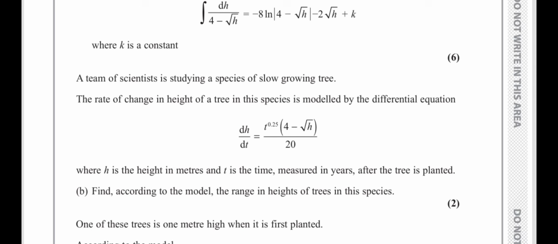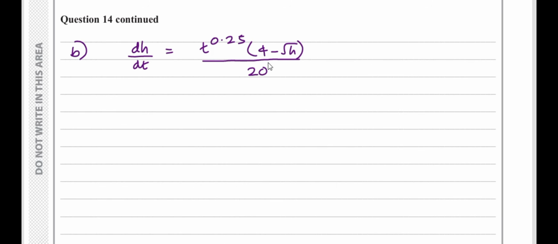So we know that the maximum height will be when dh by dt is equal to 0, that is, no further growth happens. Hence, we can set this equation to 0 and solve. So in part B, we have dh by dt equal to t to the power of 0.25 times (4 minus square root of h) all over 20, and at maximum height dh by dt should be equal to 0.